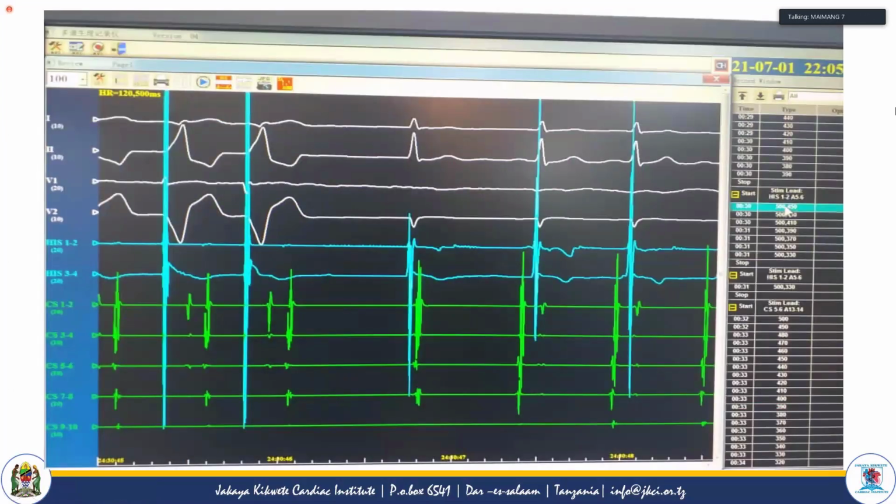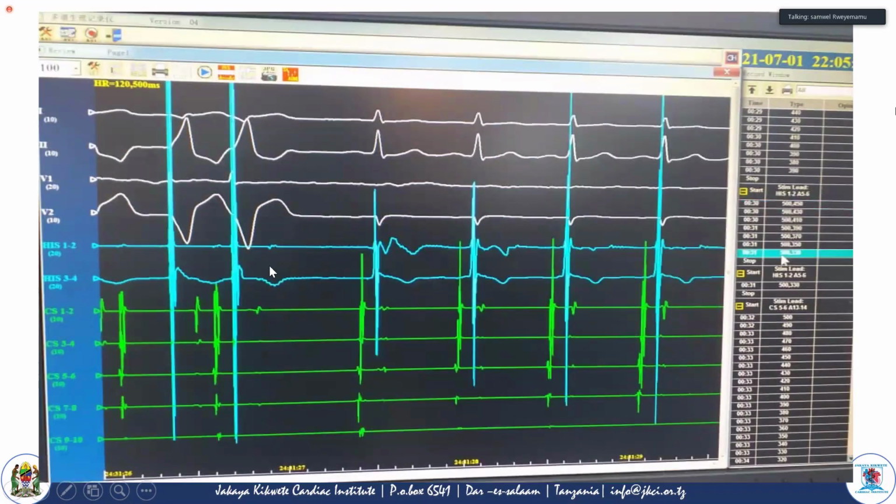So now, at one time, we were applying the premature, what we call a single extra stimulus, to the right ventricle. When we applied this extra stimulus, there was ventricular capture that was followed by atrial signal. But as we went on applying more, the next ventricular signal was not led to the atrium.